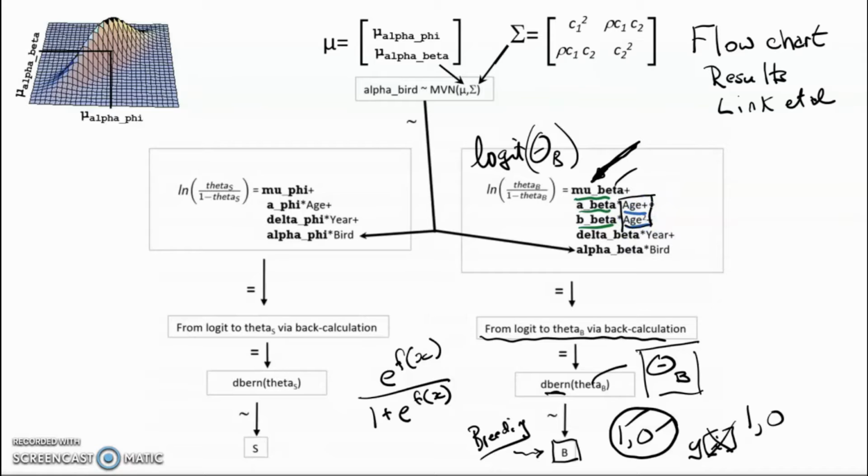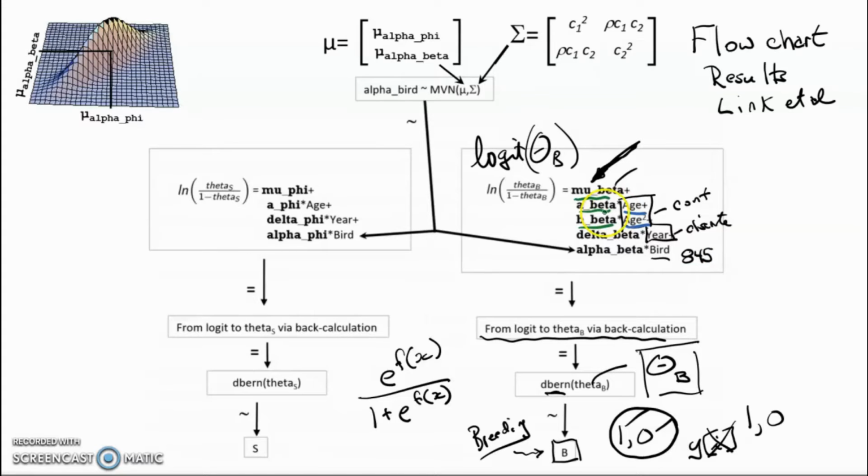So upon hatching, the birds were marked, so we know the age of each bird. There are 12 different years. So whereas age would be a continuous variable, year would be discrete. And then we've got bird, which is going to take on 845 different values because we've got 845 different birds.